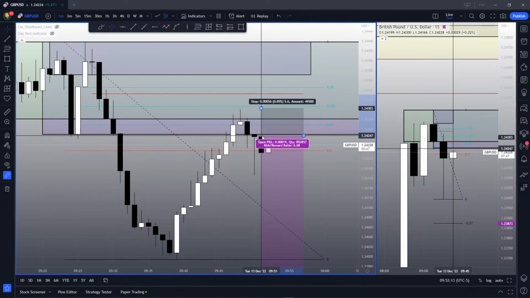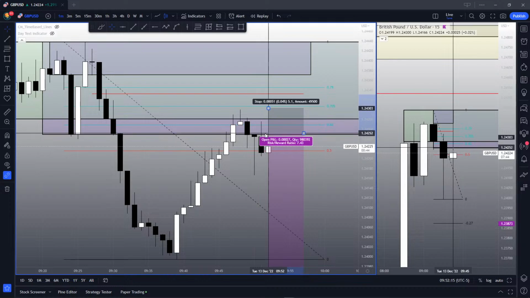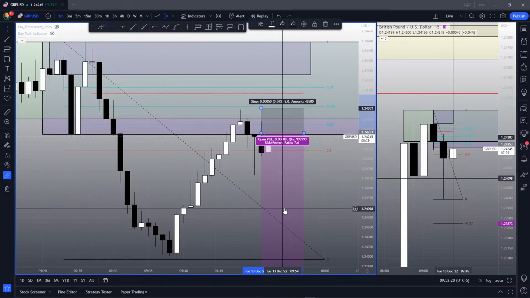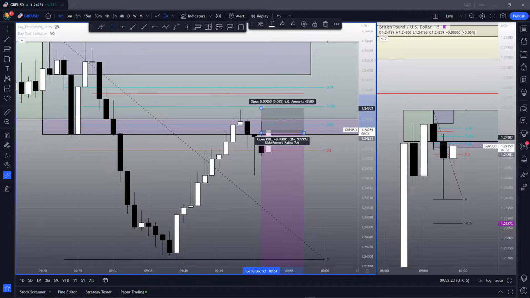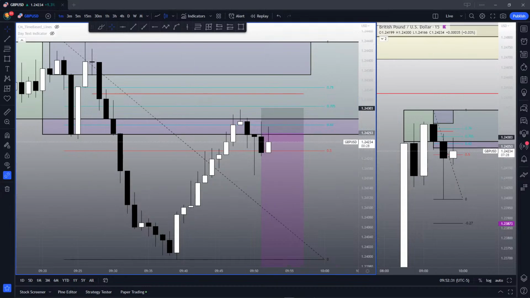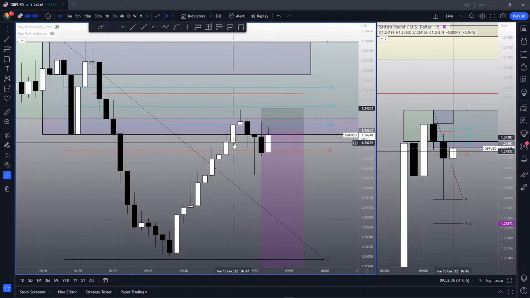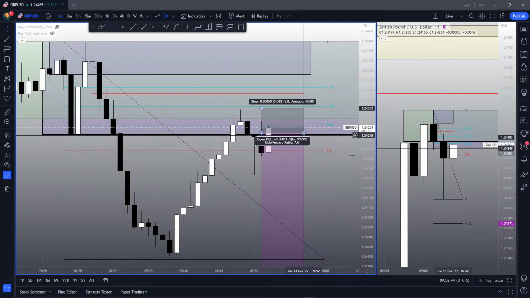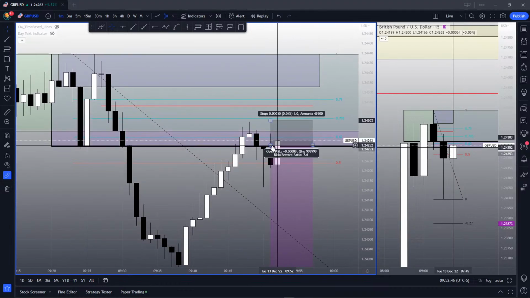Around, let's go 5 pips if it's possible. And we're in. Okay, cool. So we're in.